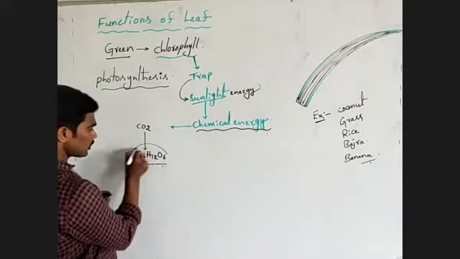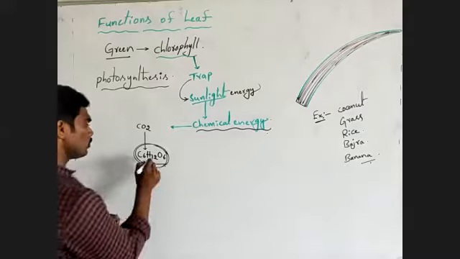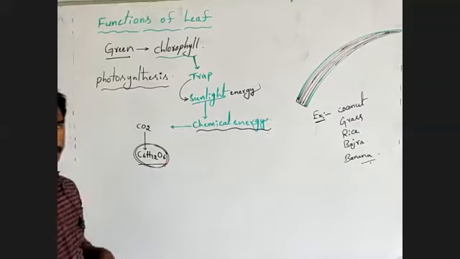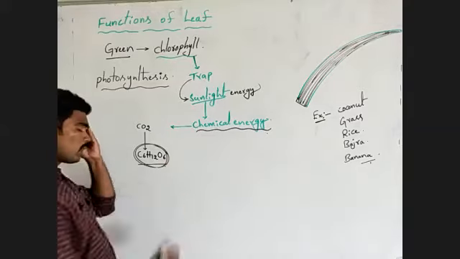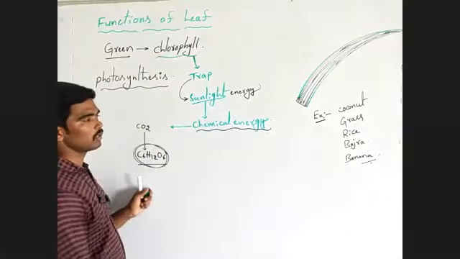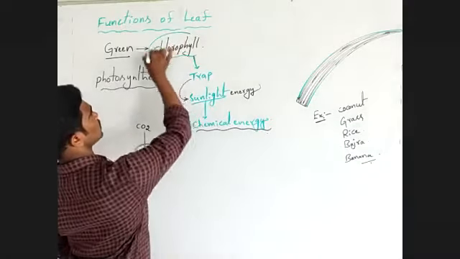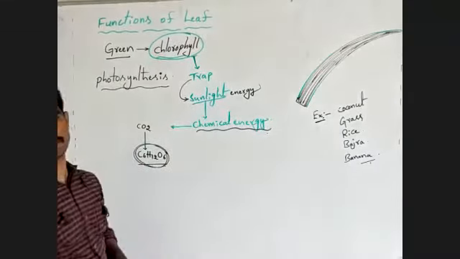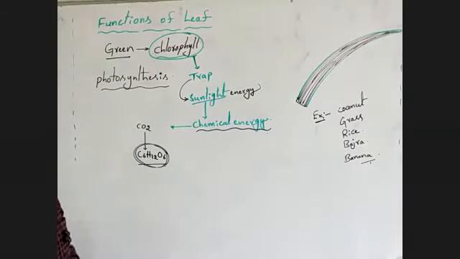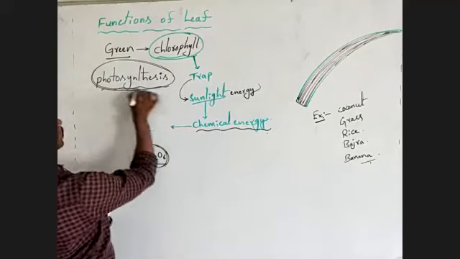Ultimately glucose molecule is formed here. To form the glucose molecule, chemical energy is used. This chemical energy is formed due to presence of chlorophyll pigment. Understanding? Means main function is photosynthesis process.